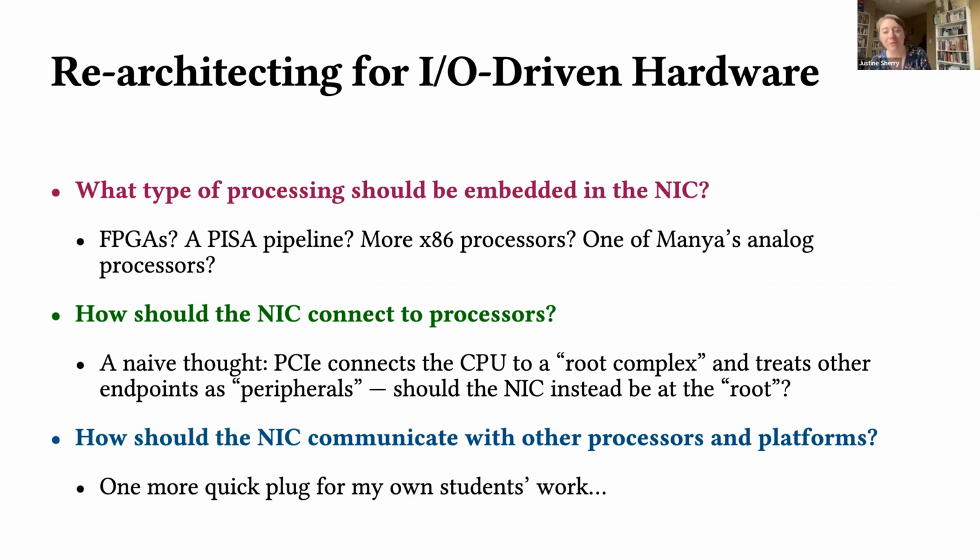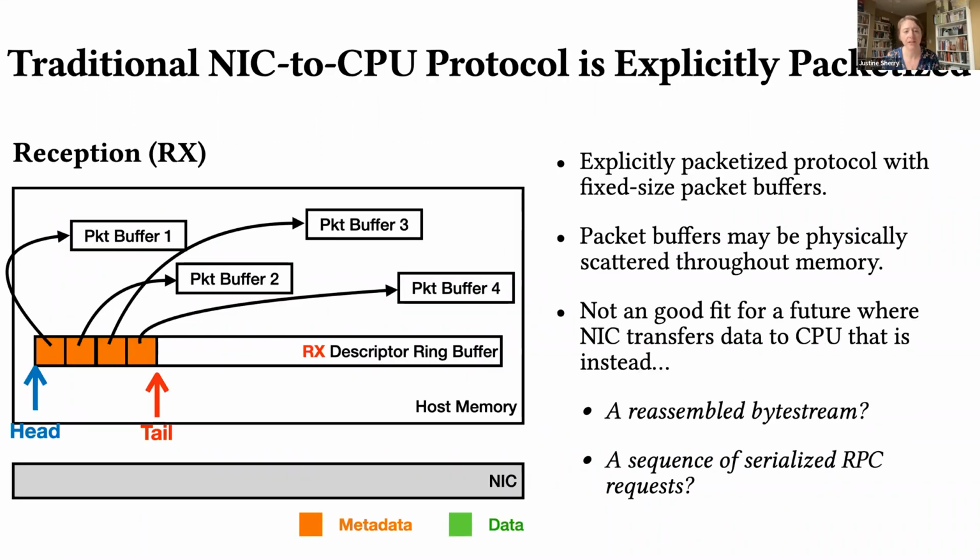Finally, and this is going to be one more plug for research out of my own group, we can talk about the protocol that the NIC should use to communicate and exchange data with other processors and accelerators. Let's talk about how data is copied between the NIC and the CPU today. Today's NIC interface is explicitly packetized, assuming that all of the network operations are performed by the kernel in software.